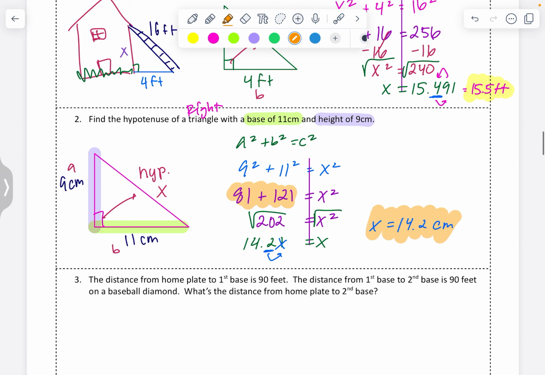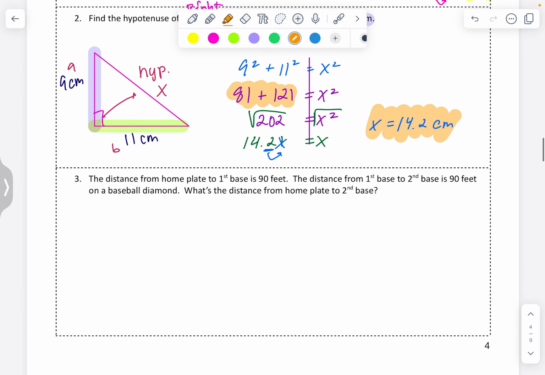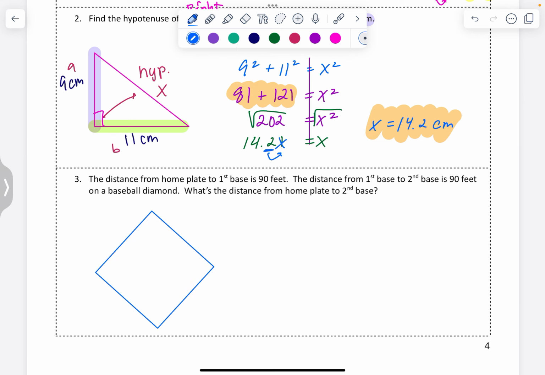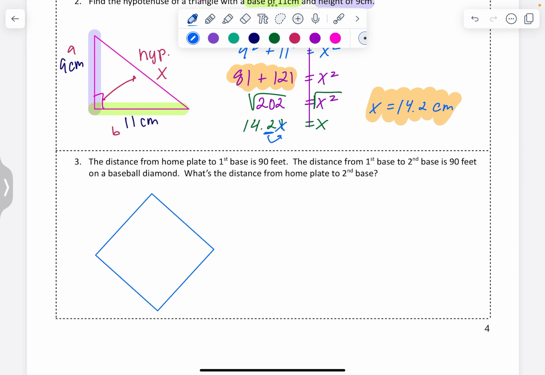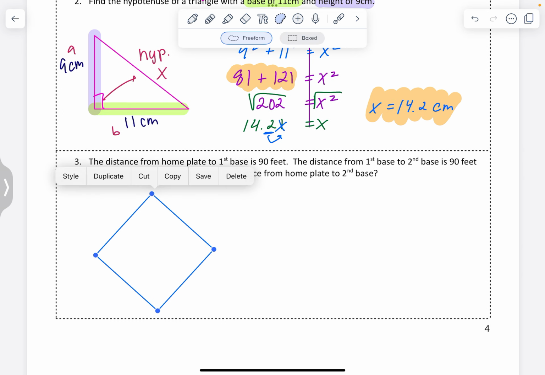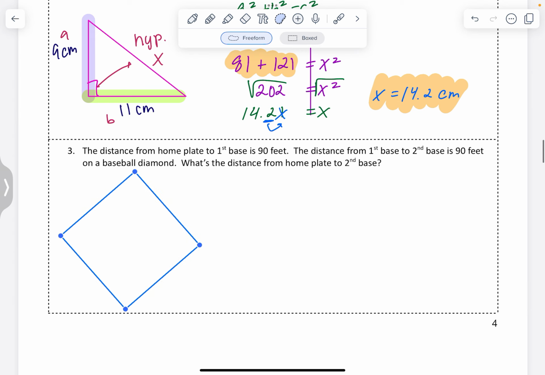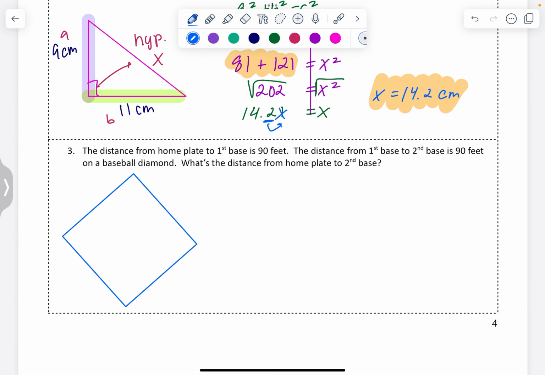All right, the third one is just a fun one. It's a baseball one. So the distance from home plate to first base is 90 feet. So it's talking about baseball. Baseball has a baseball diamond. So there's my baseball diamond. Let's say here's my home base.